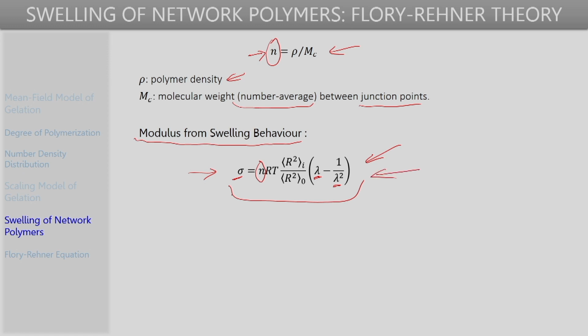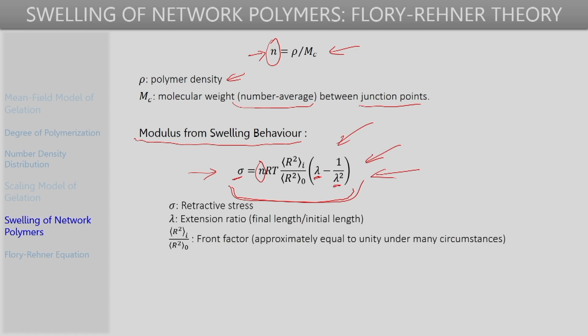This equation we have not derived, but we will briefly consider this later in this course when we talk about rubber elasticity. Through theories of rubber elasticity, one can show that an expression like this, under certain assumptions, is valid. This is the retractive stress, so if the sample is being extended, then the retractive stress developed in the sample is sigma. The extension ratio lambda is just the final length at any point divided by the initial length of the sample, and it is a measure of the strain.